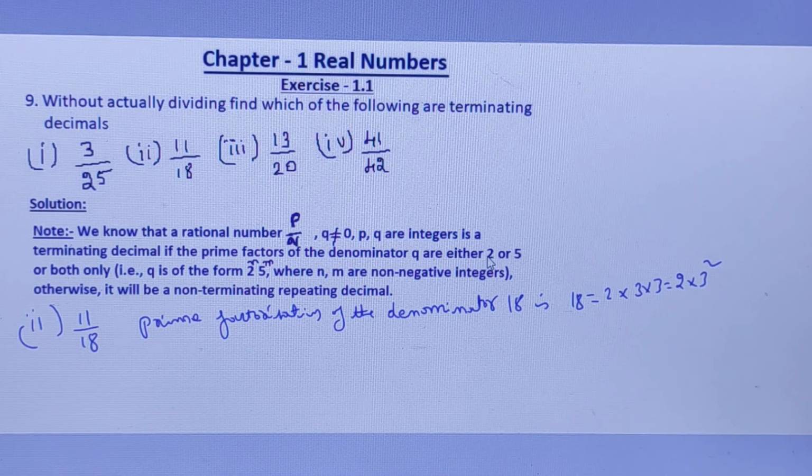Therefore, if it contains factors other than 2 or 5 or both, it will be a non-terminating repeating decimal. That means it will not be a terminating decimal. Therefore, 11 by 18 is not a terminating decimal.